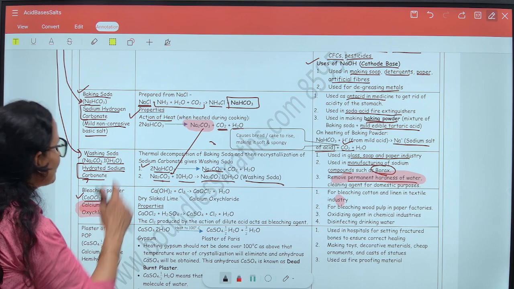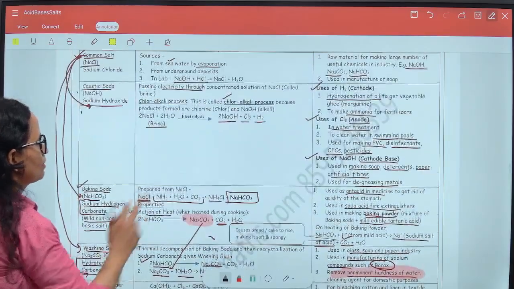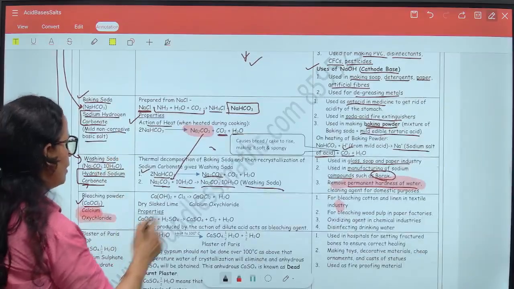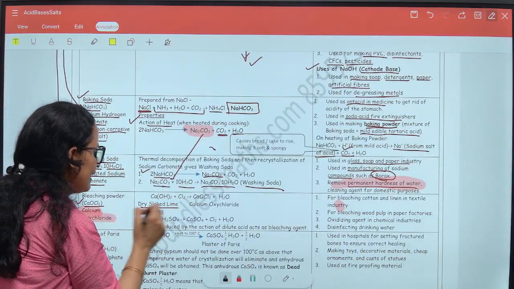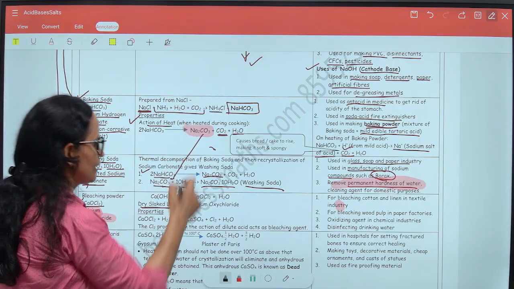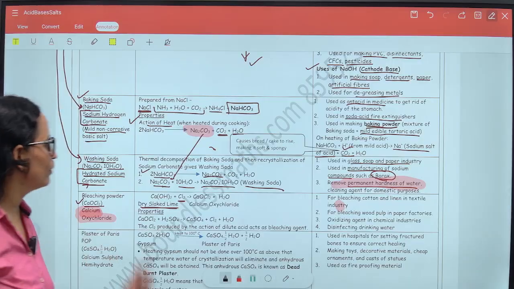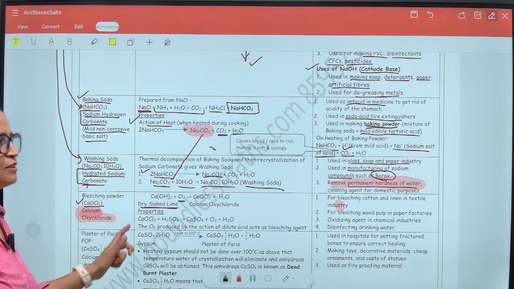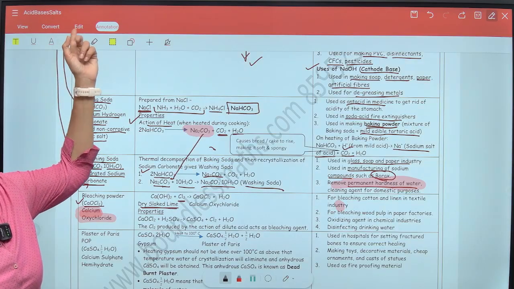The chlorine that you get in the chloralkali process. Here you have chlorine. When this chlorine is passed through dry slaked lime, you get bleaching powder, CaOCl2. So indirectly this is also formed from NaCl.